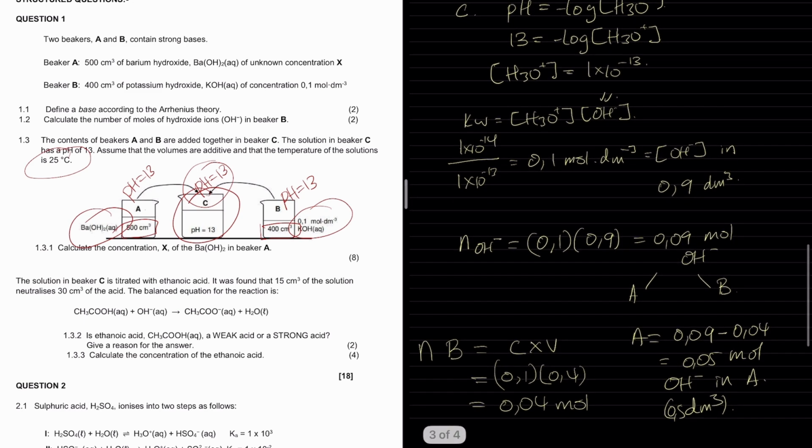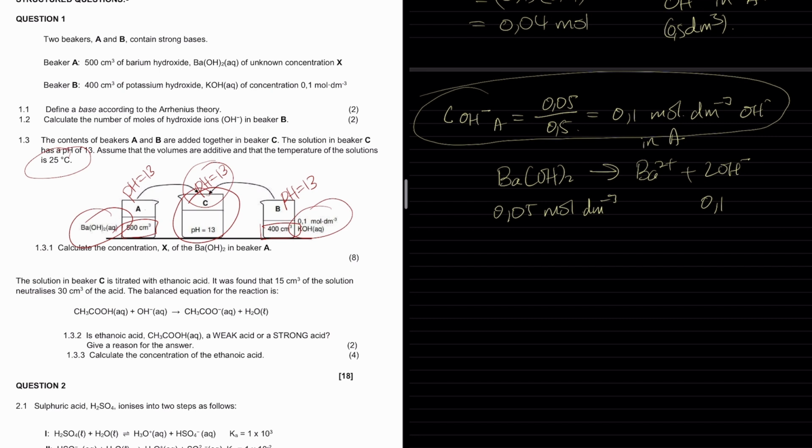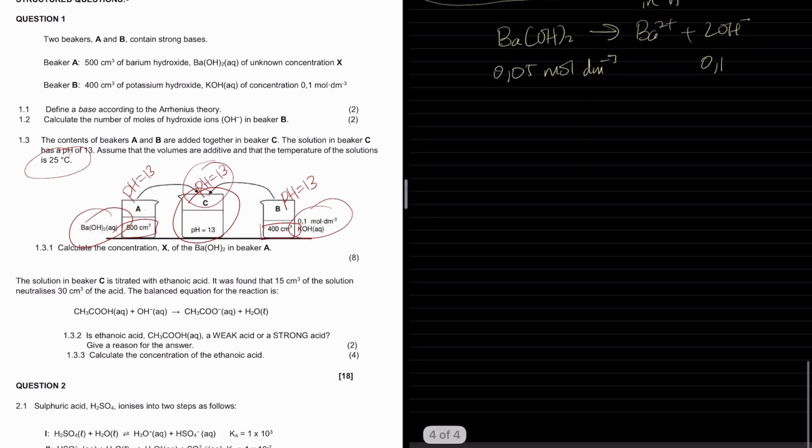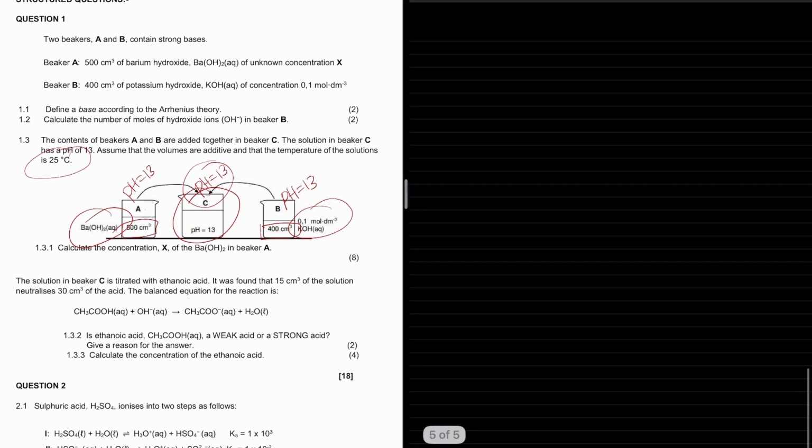Whereas here, there's quite a bit of calculation just to get to the same point that tells you that the concentration of OH- in A is 0.1. So again, sometimes for 8 marks, you can use a lot of calculation, but also there's often a more elegant solution. Now let's take a look at the next question.